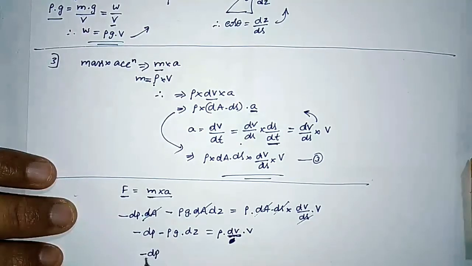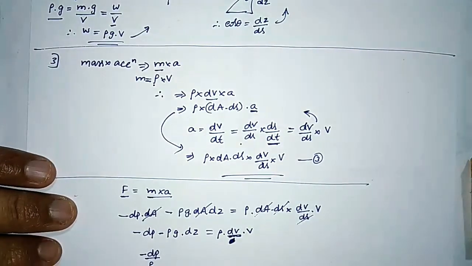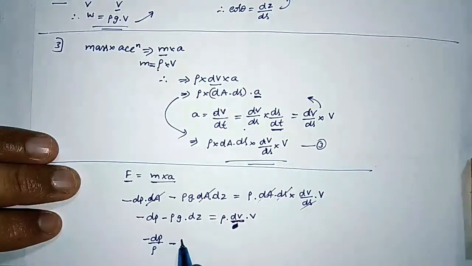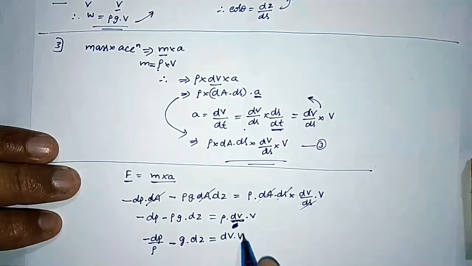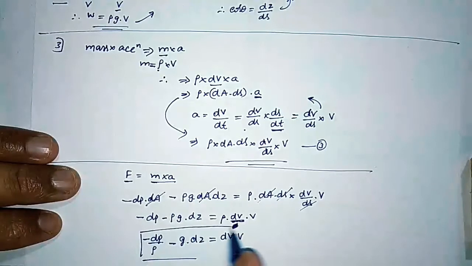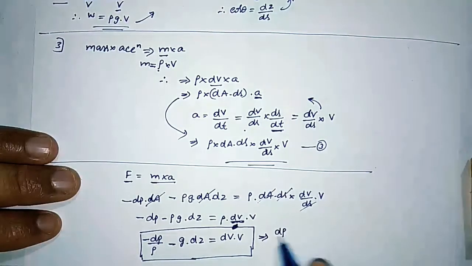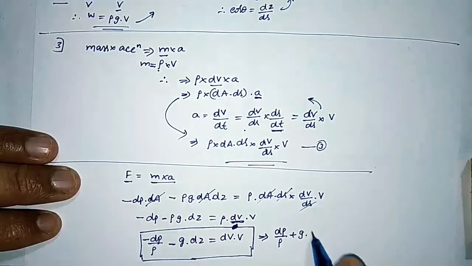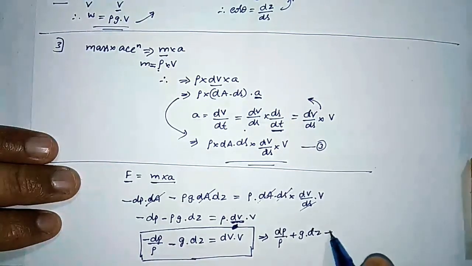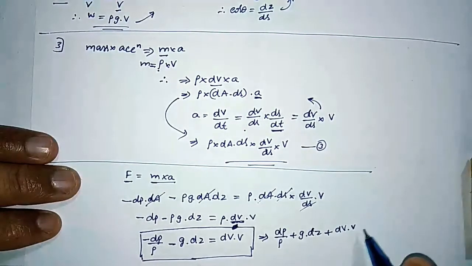So minus dp by rho minus g into dz is equal to dv into v. Now let us keep this inside the box. This is not the final equation. Now take all the terms to one side and write: dp by rho plus g into dz plus v dv is equal to 0.